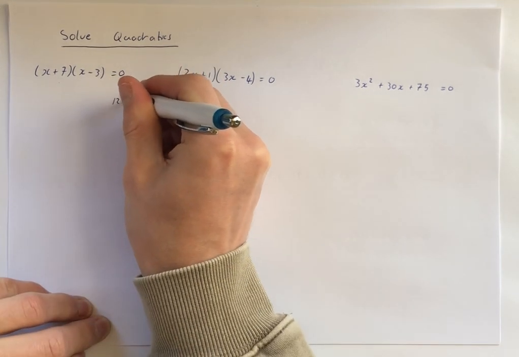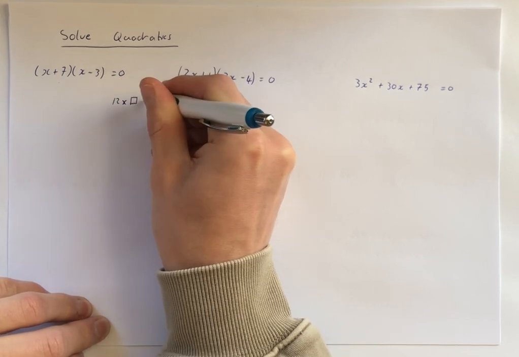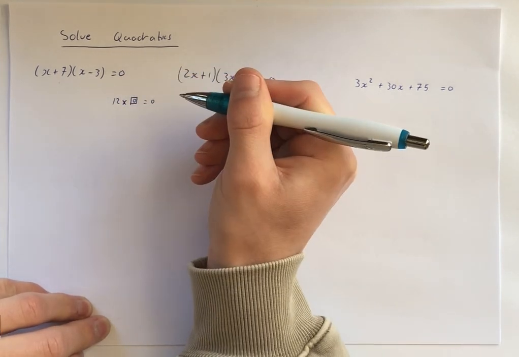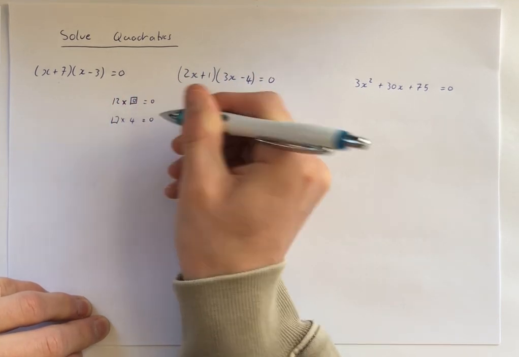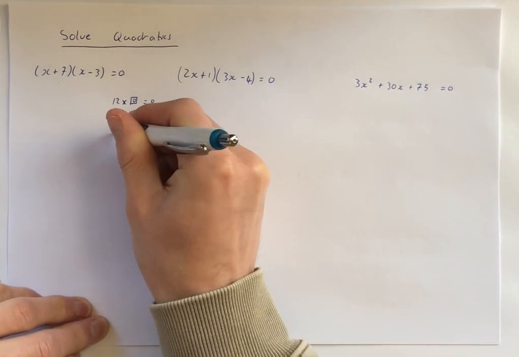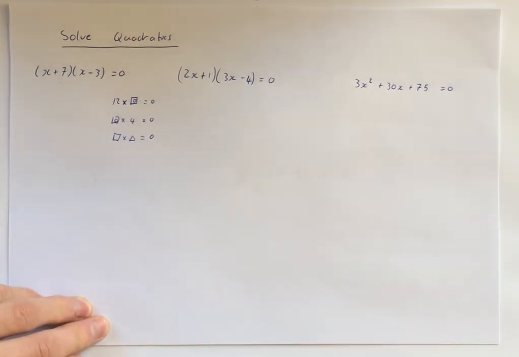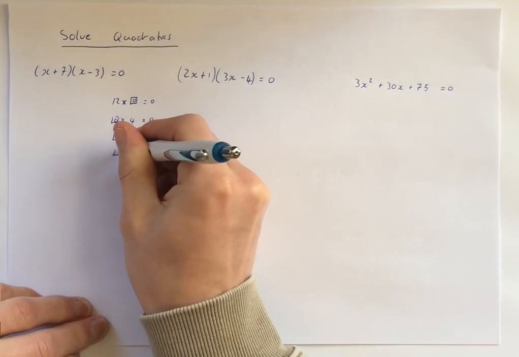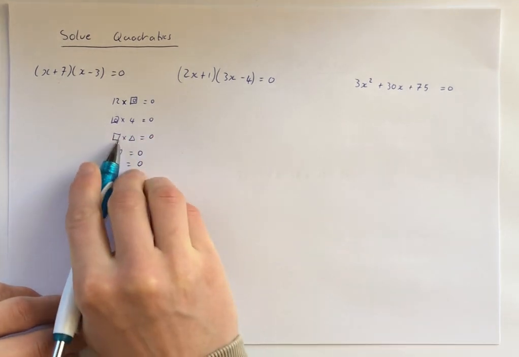So 12 times what equals 0? Well, obviously 0. And what times, say, 4 equals 0? 0. So if two things multiply to 0, so square times triangle equals 0, then either that square stands in for 0 or that triangle is 0.